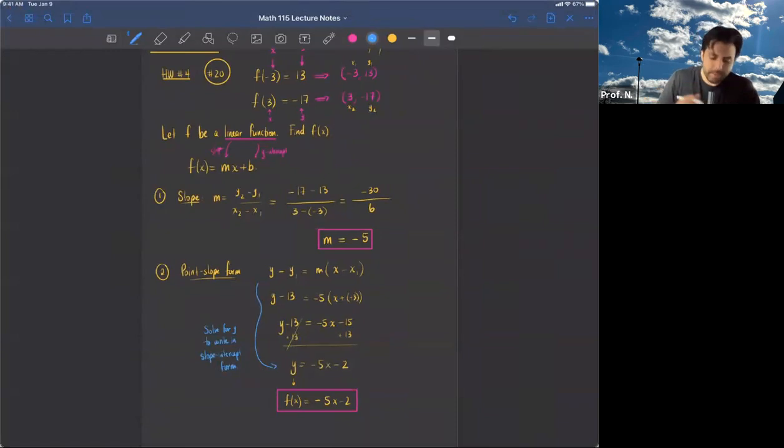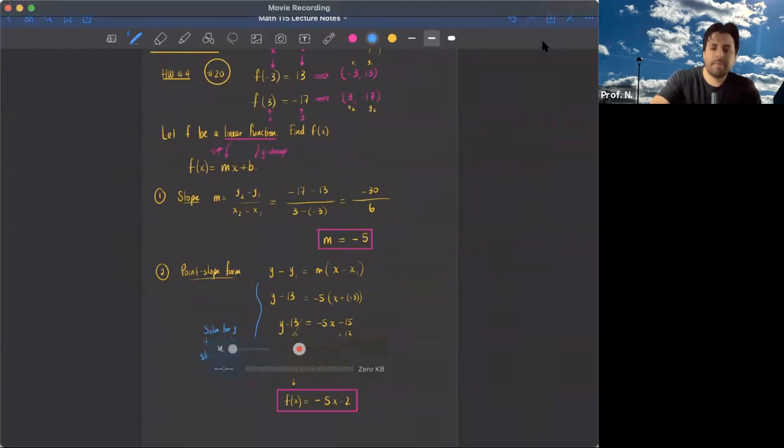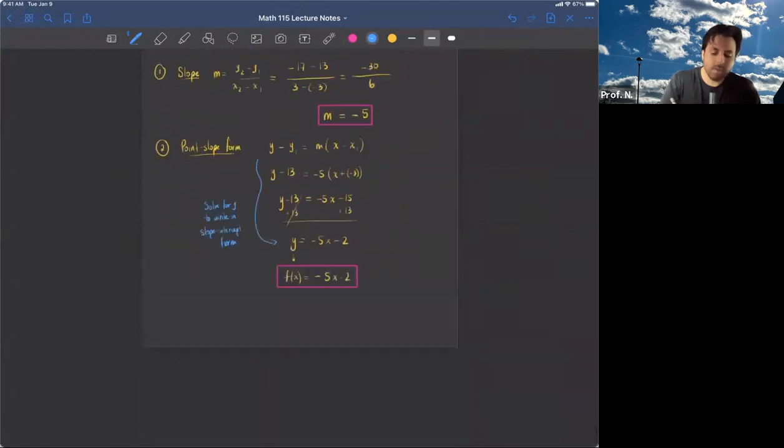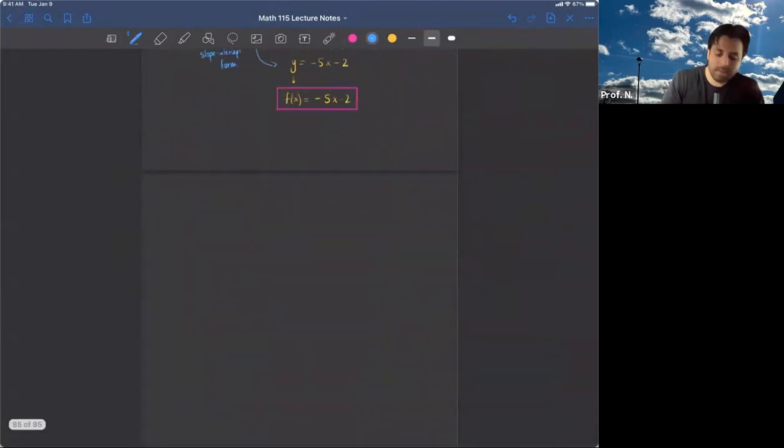So any questions about the last question here? Great. Oh, average rate of change? Average rate of change is really just the slope formula. Are you particularly asking about something in the review sheet?